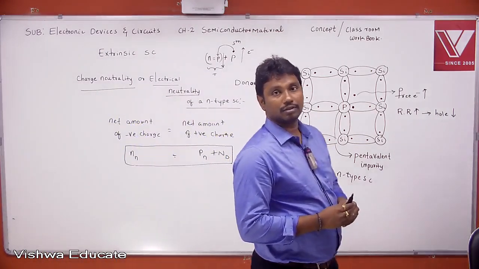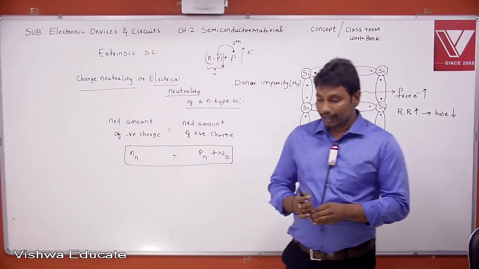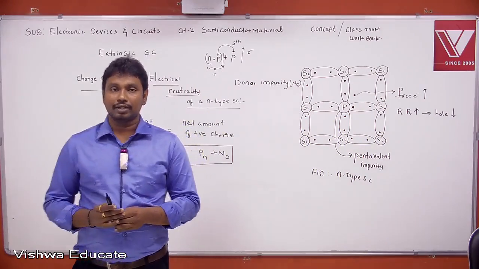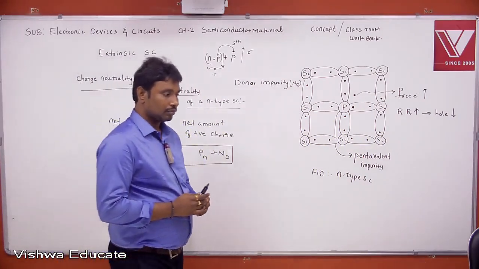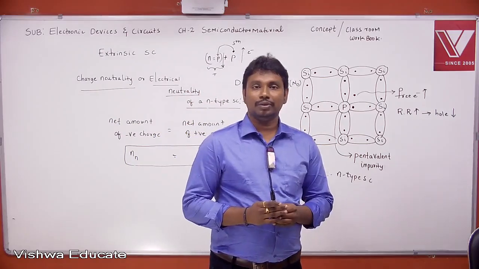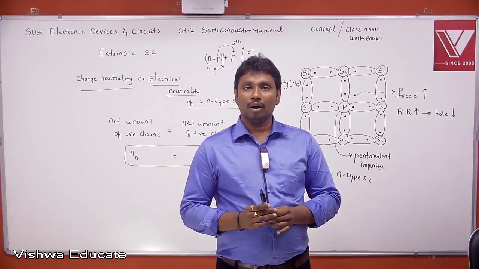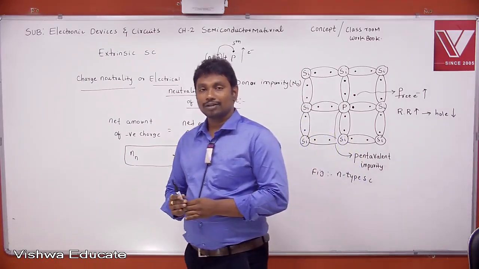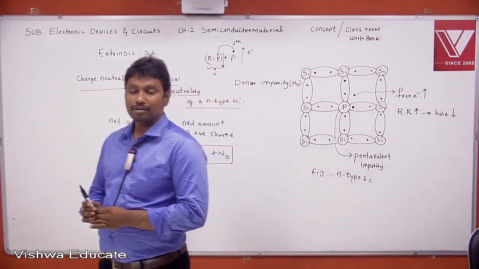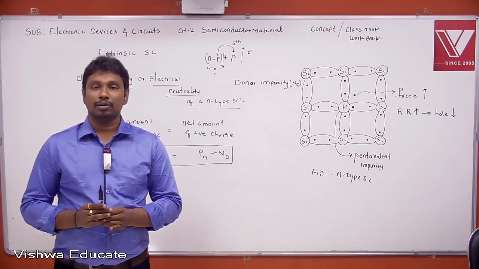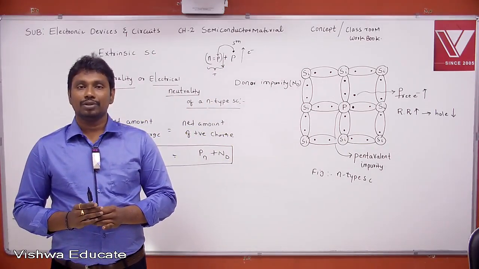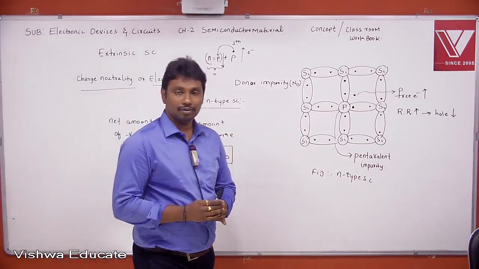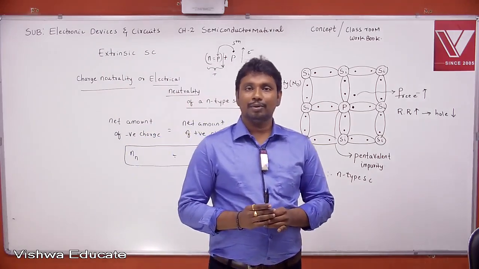Write it down, add in the notes. Any material is said to be electrically neutral or charge neutral because the net amount of negative charge is equal to the net amount of positive charge.